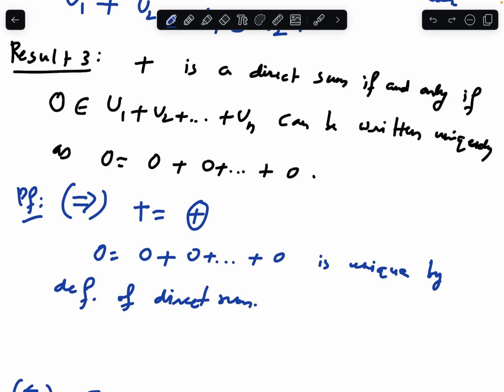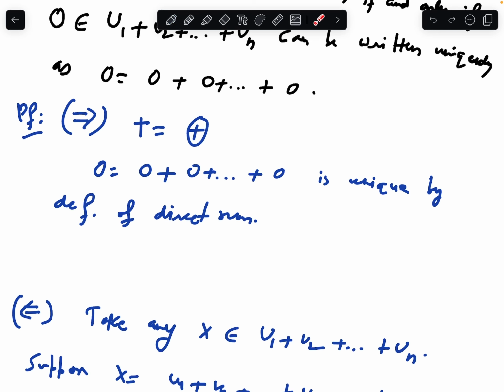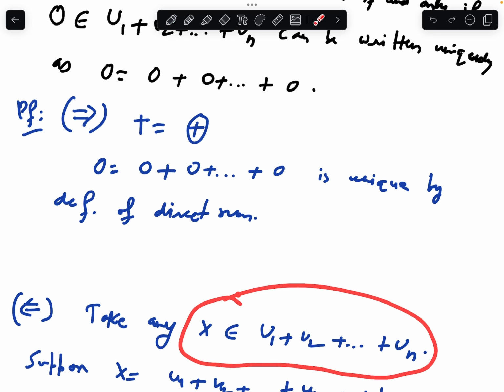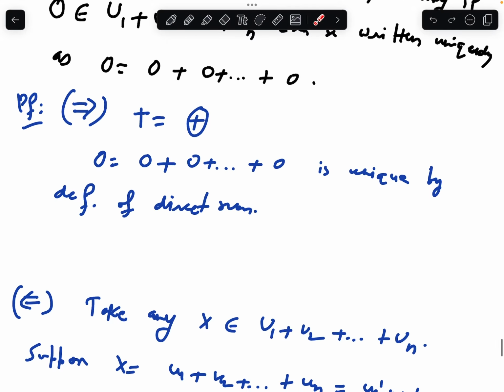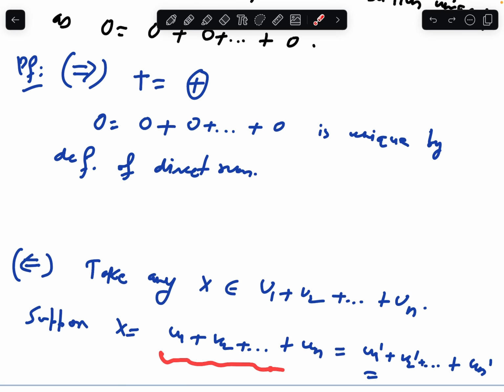Now let's prove the converse, the other direction. So in this case, you can take any x inside the sum. Then what does this mean? It means x is equal to u1 plus u2 plus un, where ui's are from Ui. That is, u1 belongs to U1, u2 belongs to U2, un belongs to Un.